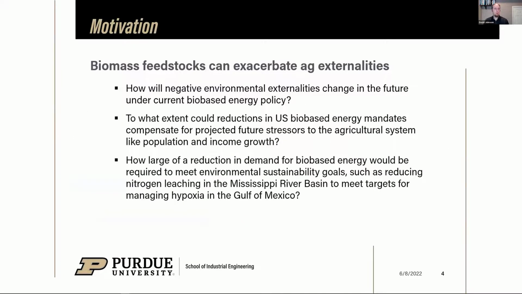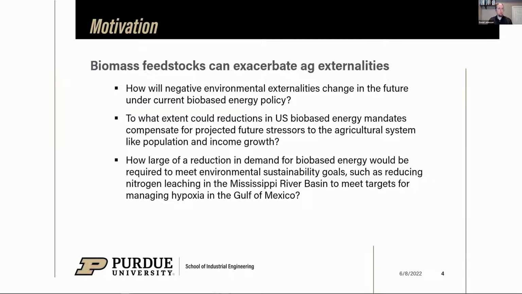So the motivating questions here are, one, just exploring the baseline of understanding how these environmental externalities will change in the future under the current bio-based energy policy, and then to look at reductions in demand associated with a repeal of those targets or adjustments of those targets, to see how much reduced demand for US bio-based energy can compensate for short-term stressors on the agricultural system, like population and income growth.